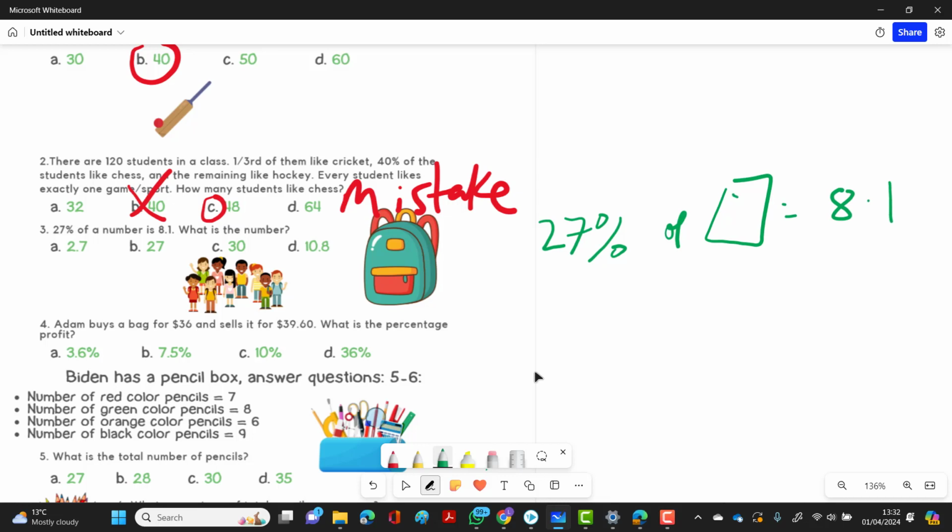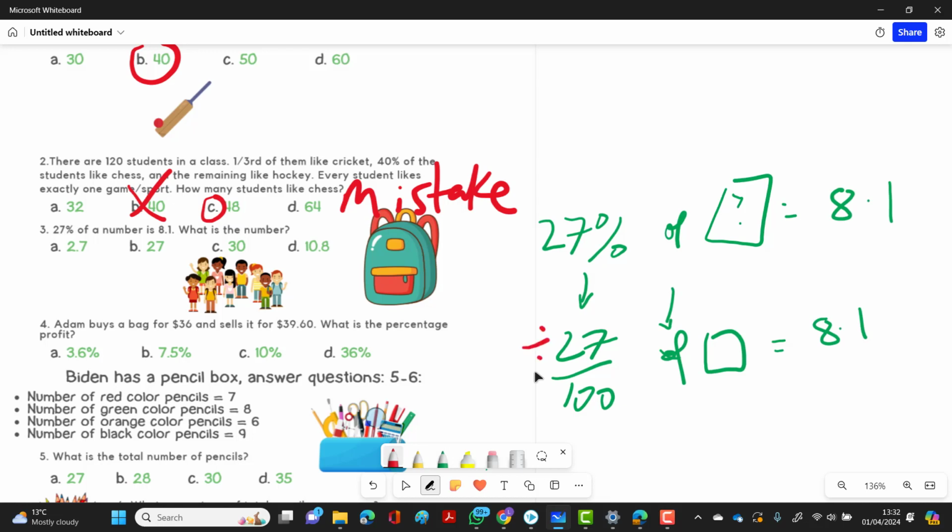This is a fractional missing quantity, and of means times. Normally you divide by the bottom and times by the top, but when you don't know the quantity, you divide by the top and times the answer by the bottom.